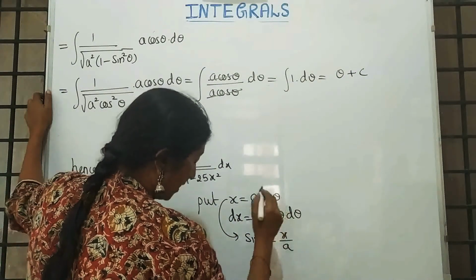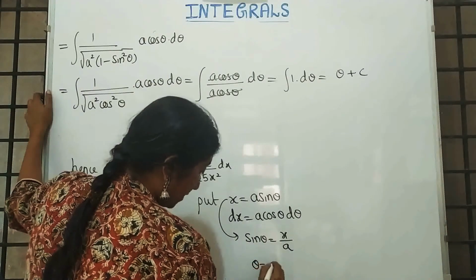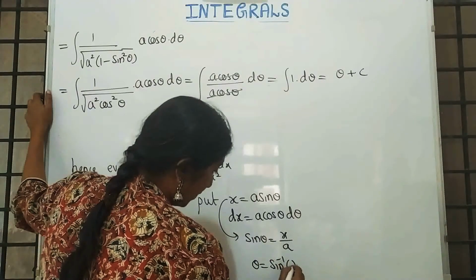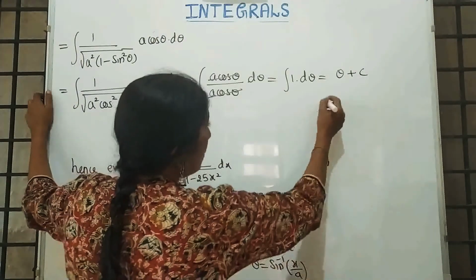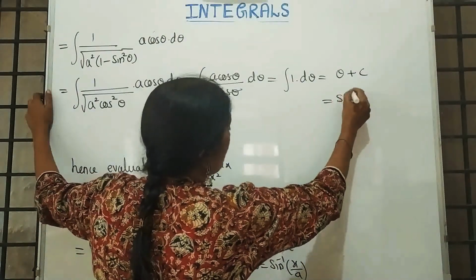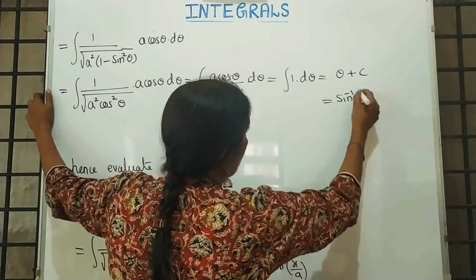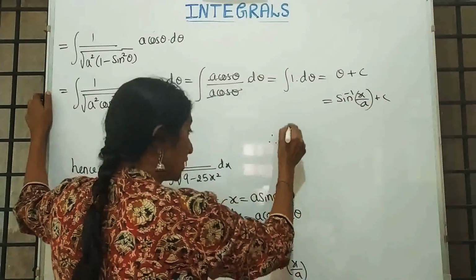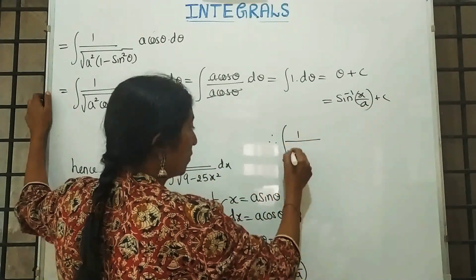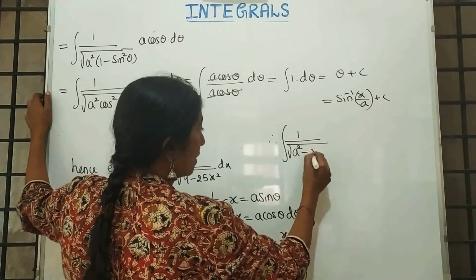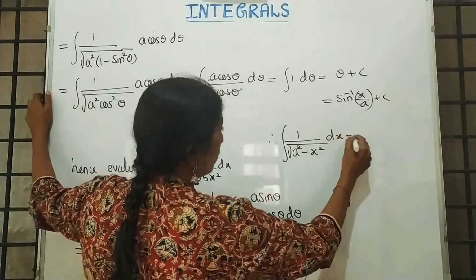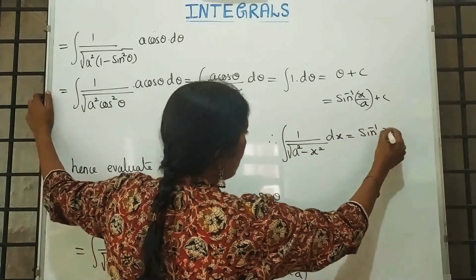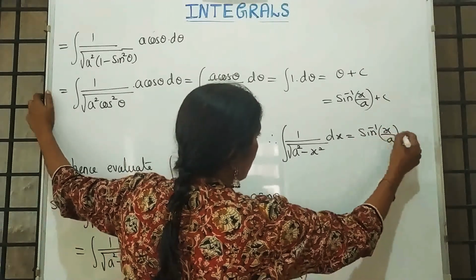In the substitution, sin theta is x by a. Theta is sin inverse of x by a. So the final answer is sin inverse of x by a. Therefore, integration of 1 upon root of a square minus x square dx is sin inverse x by a.